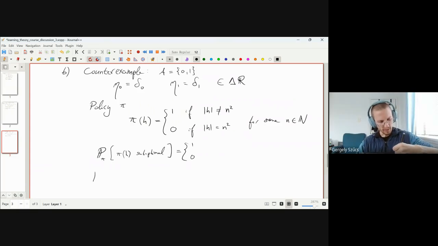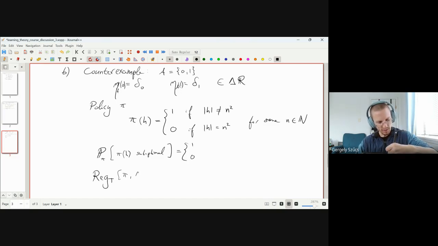So the regret up to time t of pi with respect to the bandit. We only have one bandit in the hypothesis class. I should have said eta of 0 and eta of 1, which was the notation we used before.